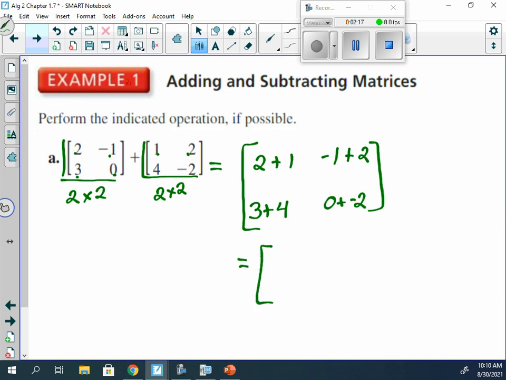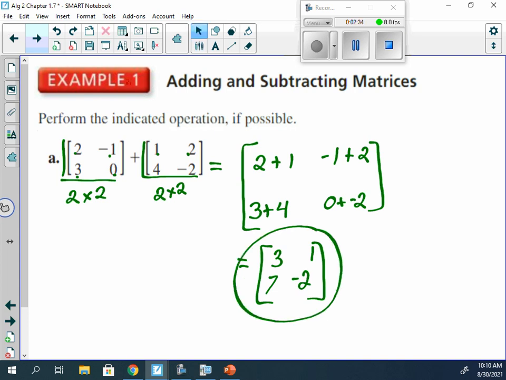We can go on and add them. 2 plus 1 is? -1 plus 2 is? 3 plus 4 is? 0 plus -2. And that's it. That's all we have to do for this here.